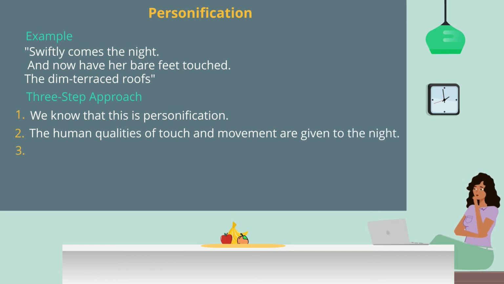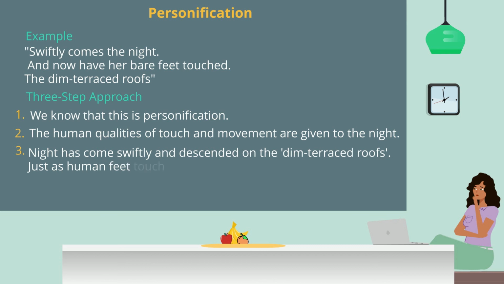And step 3. We understand from this personification that night has come swiftly and descended on the dim terraced roof. Just as human feet touch the ground, the night has touched the roof. This personification brings the scene to life. The images are direct and concrete.